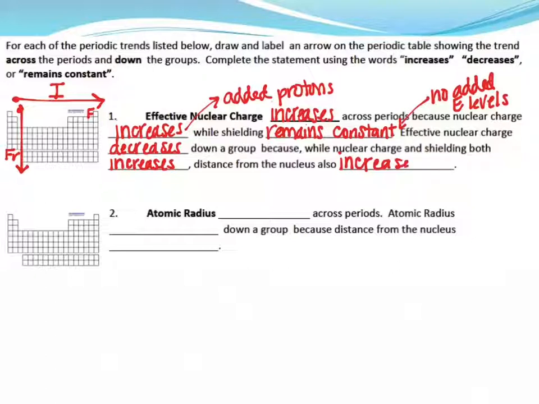Okay, so effective nuclear charge decreases because of added energy levels and shielding. So my arrow is a D over there for decreasing.